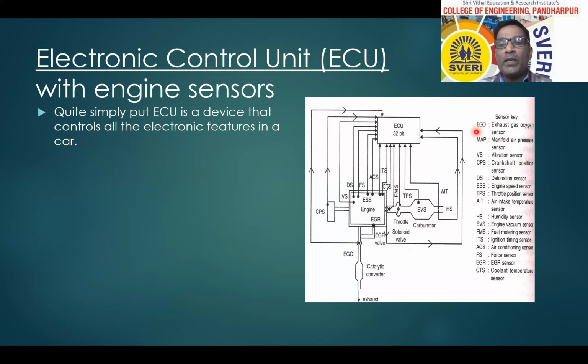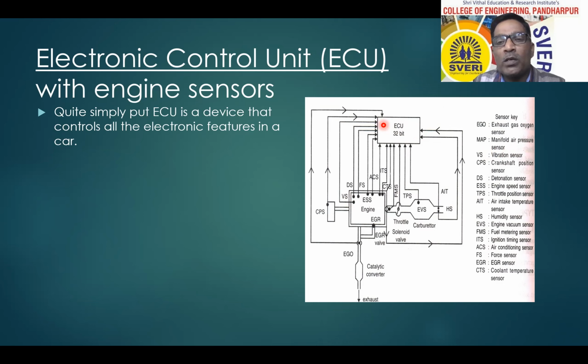Here you can see EGO, that is the exhaust gas oxygen sensor. Then MAP, that is the manifold air pressure sensor. Then VS, that is the vibration sensor. Here the vibration sensor is connected to this ECU.